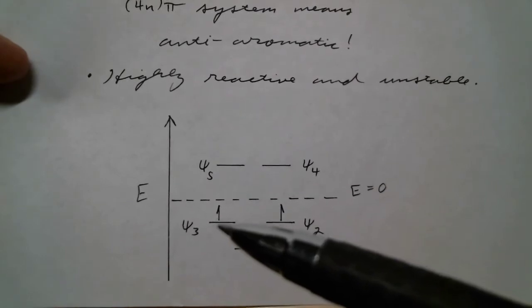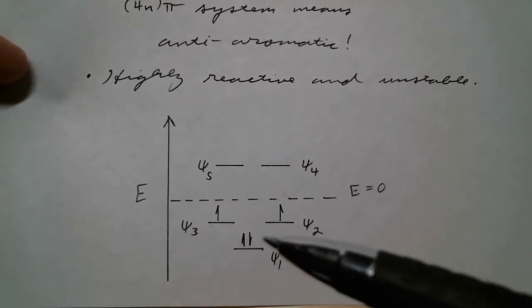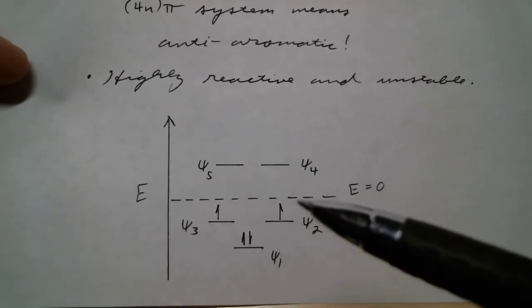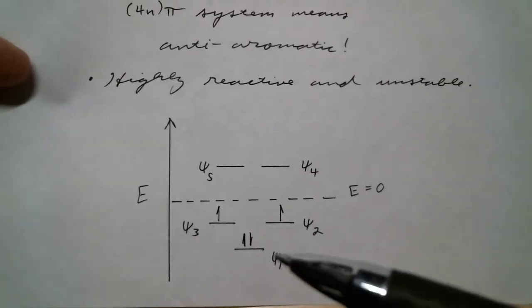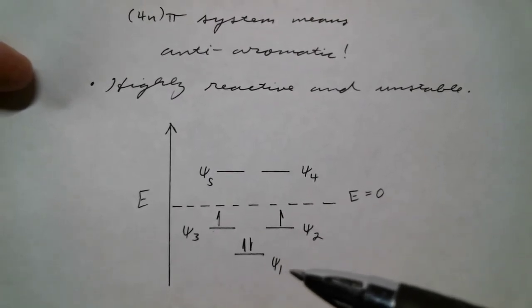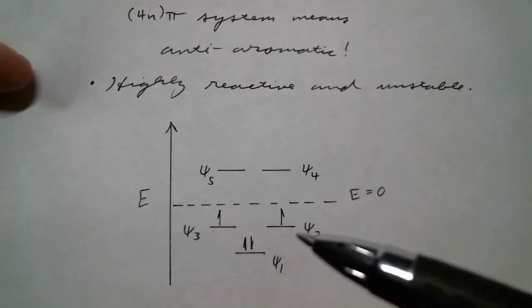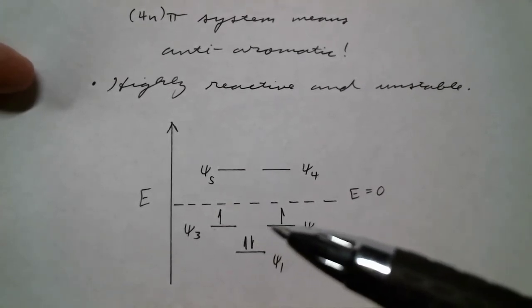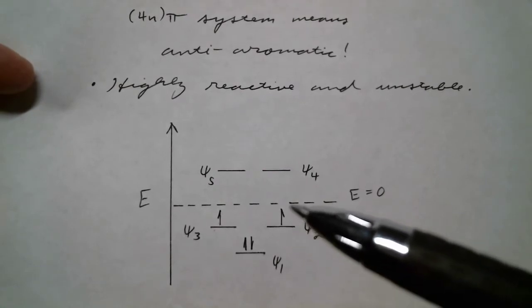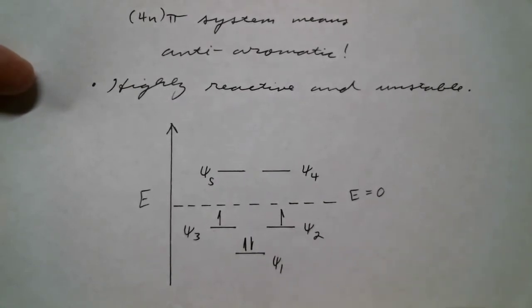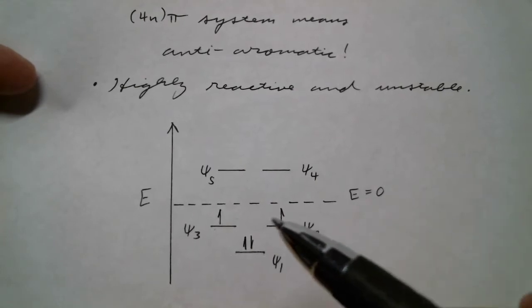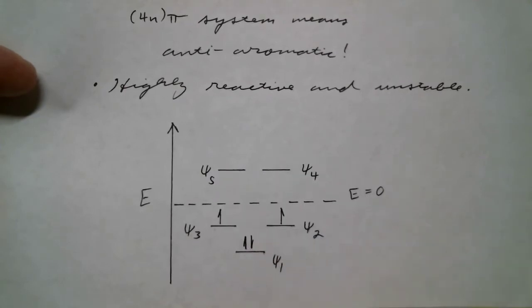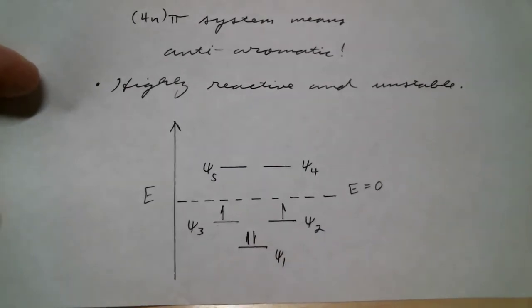Because its degenerate Psi2 and Psi3 molecular orbitals each only have 1 electron, because as we fill electrons into this molecular orbital system, we put 2 in the lowest energy molecular orbital Psi1, and then when we go to the next level in energy, we find that we have 2 degenerate molecular orbitals, which means they each get 1 electron before we start pairing electrons. But we're already out by the time we reach 4 electrons. So our little molecule is a diradical, which makes it reactive and unstable.